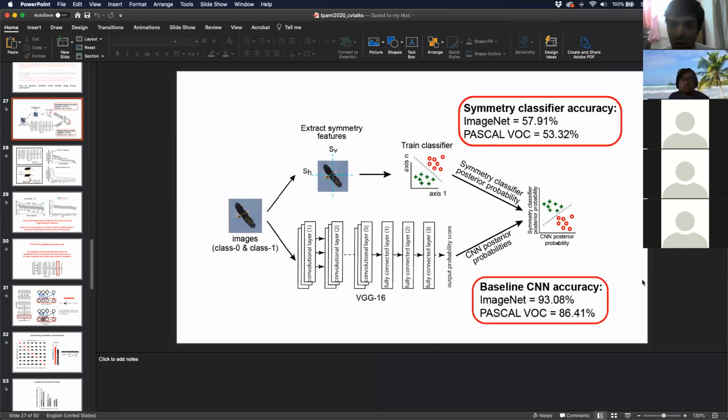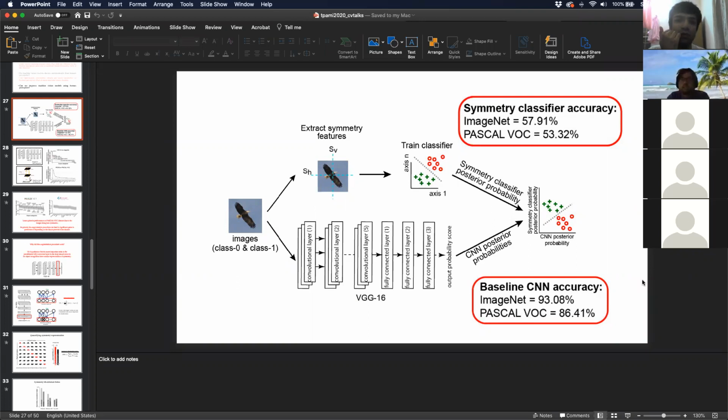No, the custom classifier that was constructed using the symmetry classifier. It is one number from each of these classifiers, since it's a binary classification. A unit matrix? Yeah, you can think of it that way. That's right.